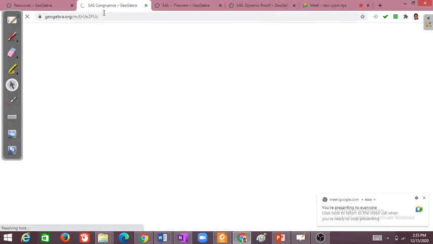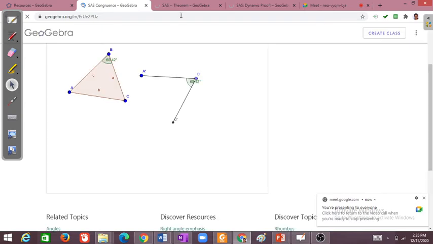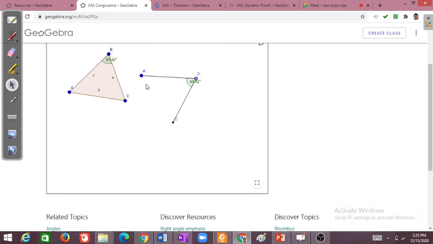Here angle B and angle B dash are 65.42, and we are going to place this triangle inside here and check whether AB is equal to A dash B dash and BC is equal to B dash C dash.